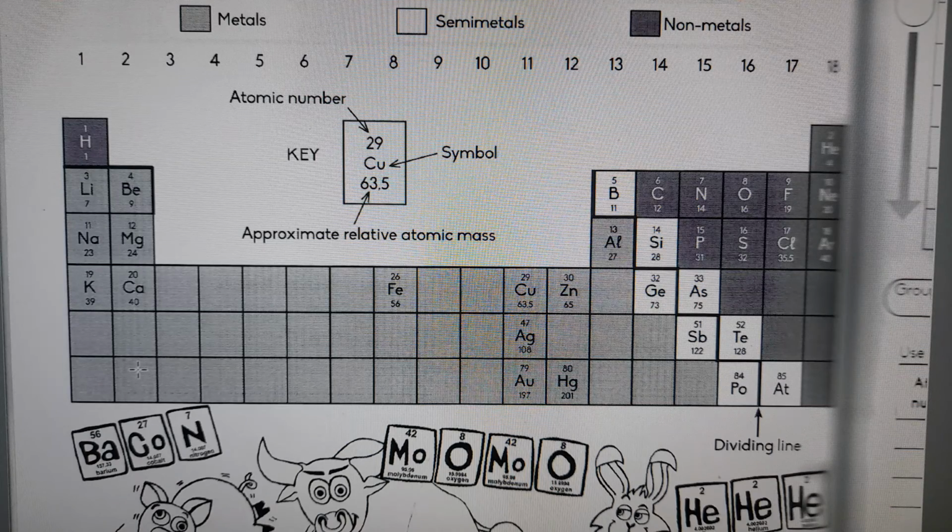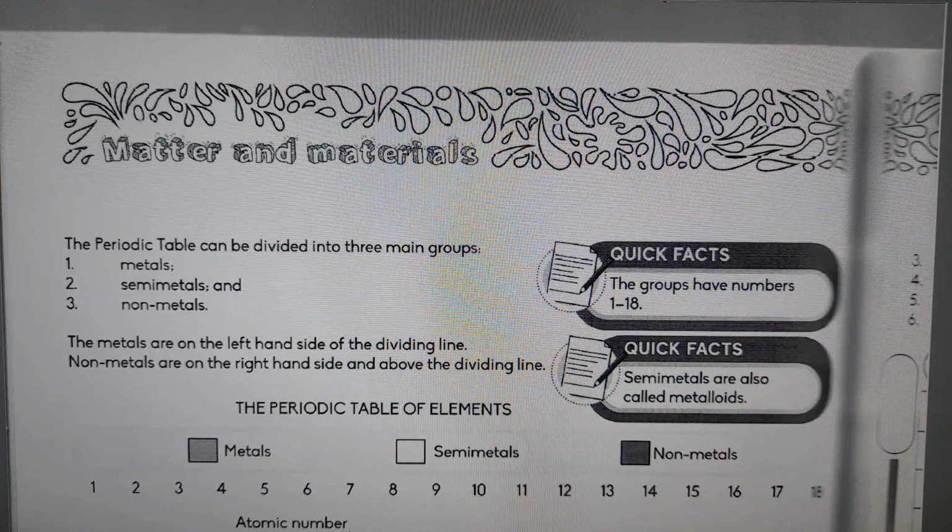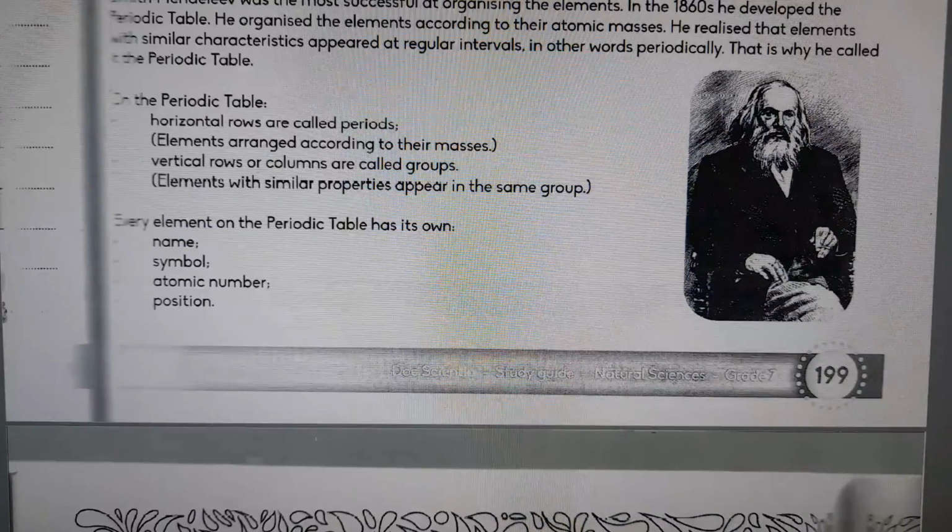Group 2, they have their properties. Group 9, they all have their own properties. So in each and every group, the elements have the same properties. So let's go back to our notes. I just wanted to explain that.